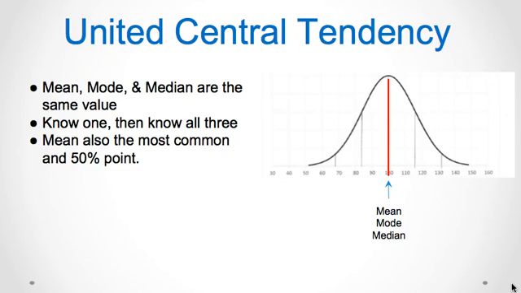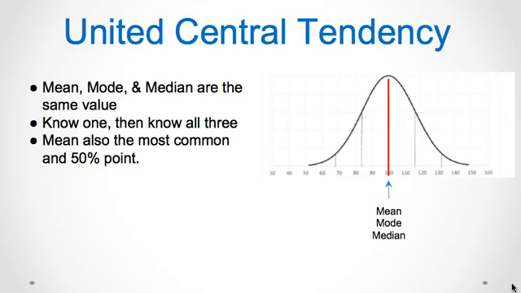The second characteristic of normal curves is they have united central tendency. What does this mean? The mean, median, and mode are the same value. If you know one, then you know them all. The mean is also the most common or typical value in the distribution and is the 50% point of the distribution.